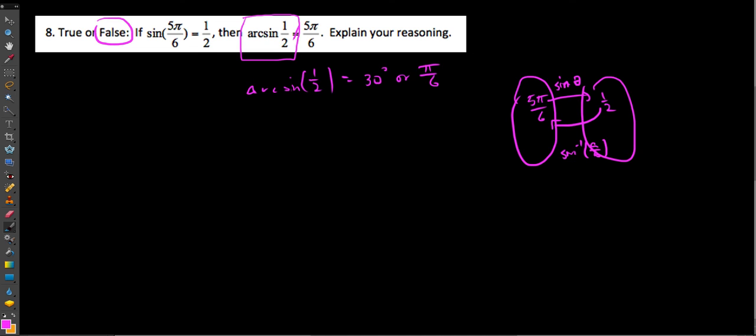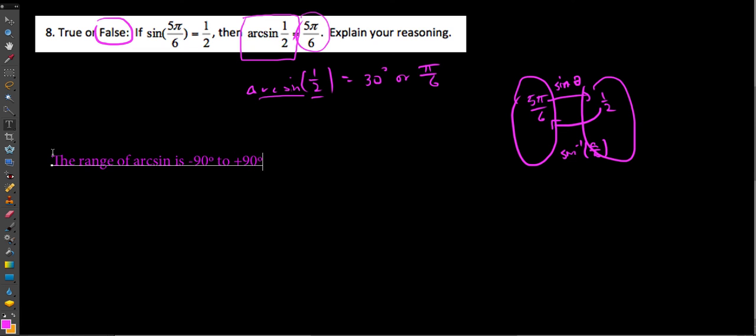The reason I am going to say false here is that when we look at the arcsine of a half, the only acceptable set of outputs is between positive and negative 90. So if we're taking the arcsine of a half and trying to say we get 5 pi over 6, it's just not possible, because 5 pi over 6 is not between positive and negative 90. To put this in words, because I do have to explain my reasoning: the range of arcsine is negative 90 degrees to positive 90 degrees.